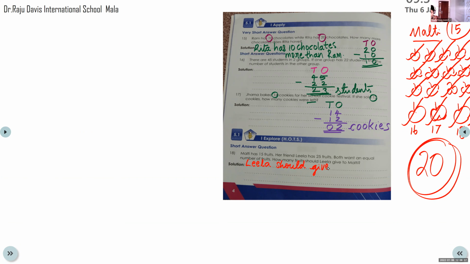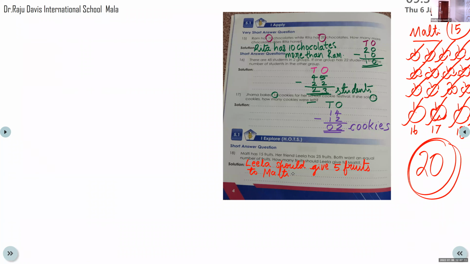How many fruits did she give to Malati? 5 fruits. Leela should give 5 fruits to Malati. Then it will become equal, 20 each.